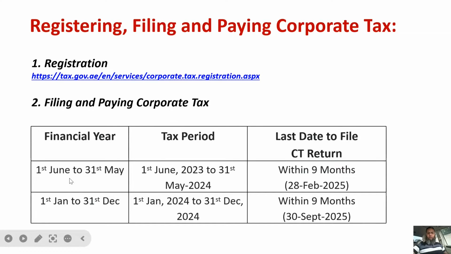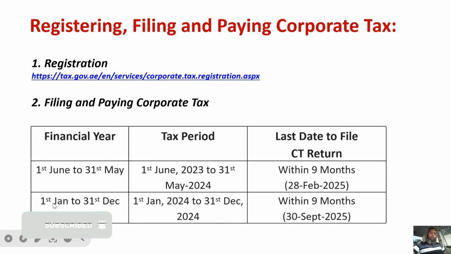If you choose 1st June to 31st May, your tax period will be counted from 1st June 2023 to 31st May 2024, and within 9 months you need to file your corporate tax return, and also within this 9-month period you have to pay the corporate tax liability if you have any. So the last date for this first option will be 28 February 2025. You need to pay your corporate tax liability for the year 2023 and 2024.